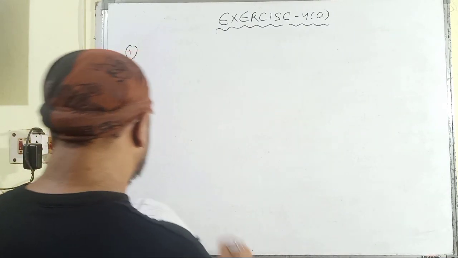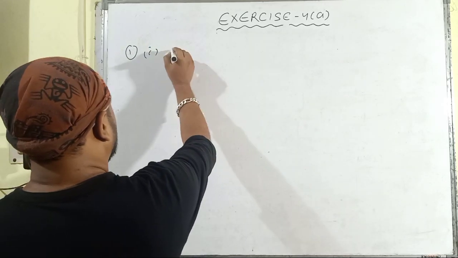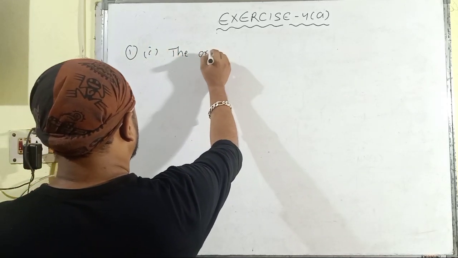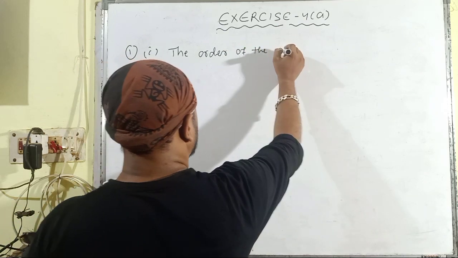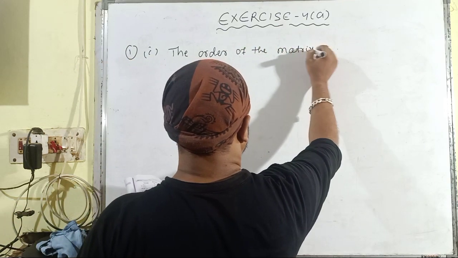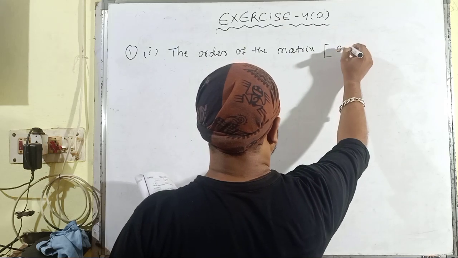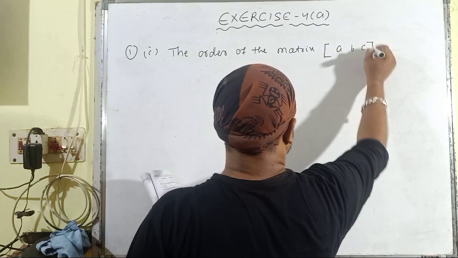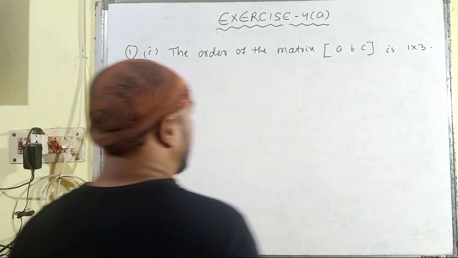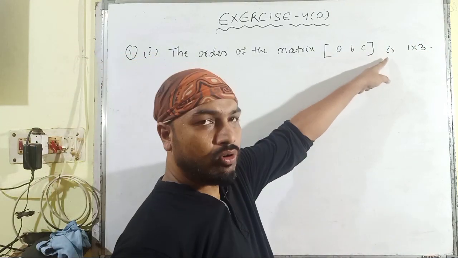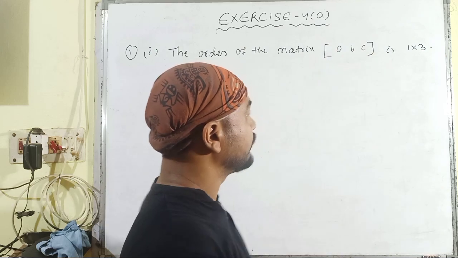The order of the matrix is 1 cross 3 because it contains 1 row and 3 columns.